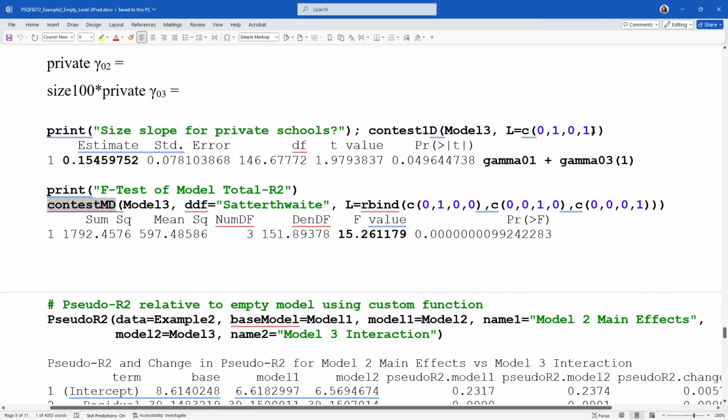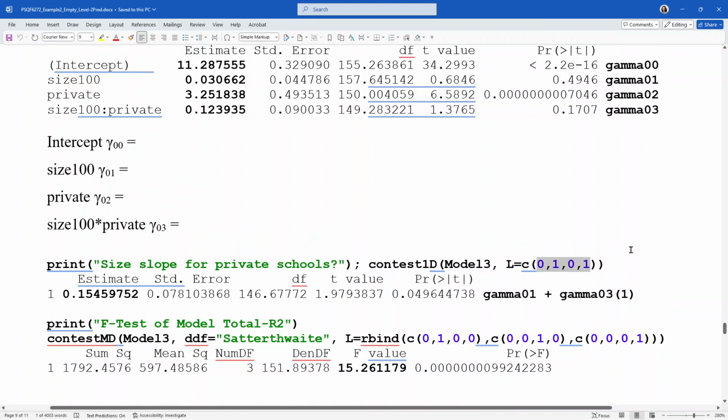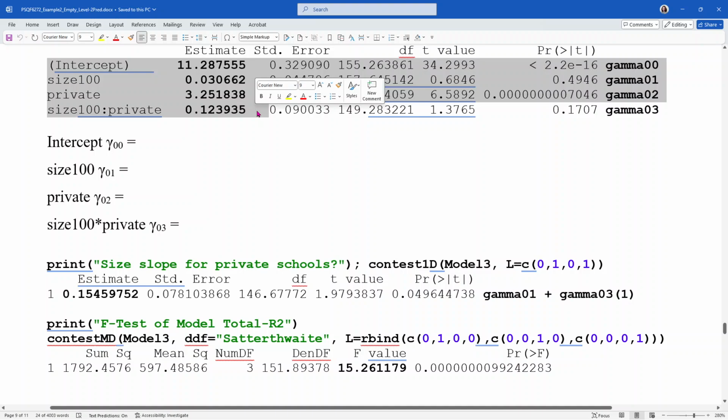So the first one here, the 1D. What is happening is that you are giving multipliers to R to create linear combinations of your estimated fixed effects. So you have to know the order of your fixed effects as they appear in your output. Not as you wrote them necessarily, but as they appear in the output.